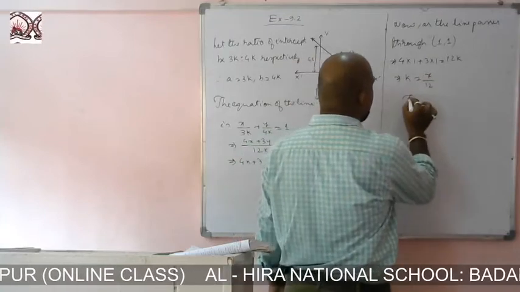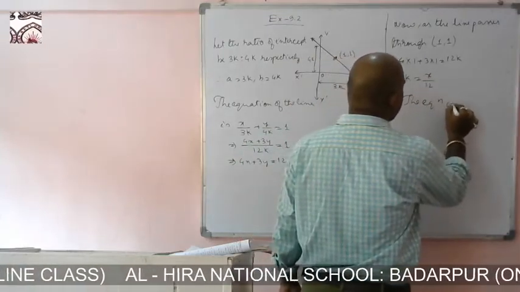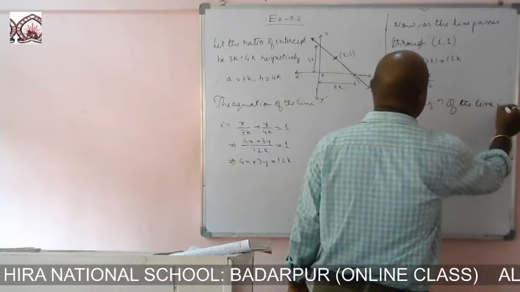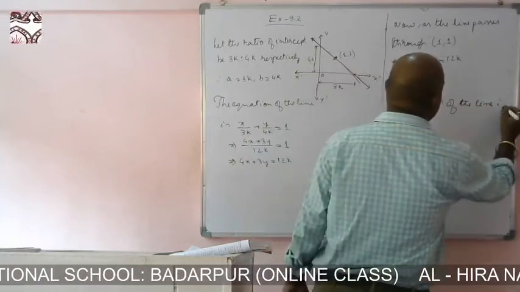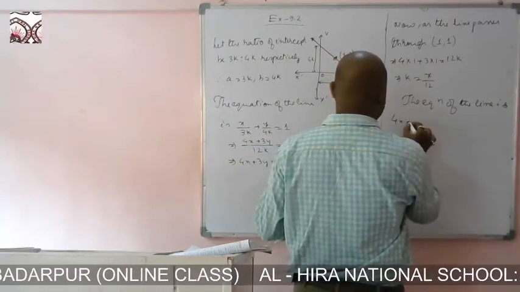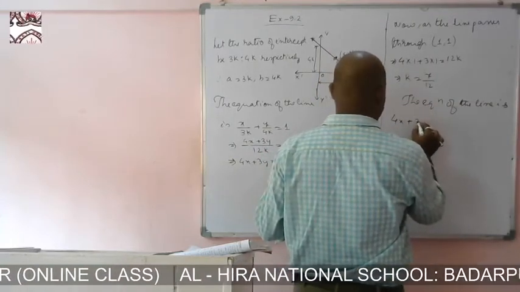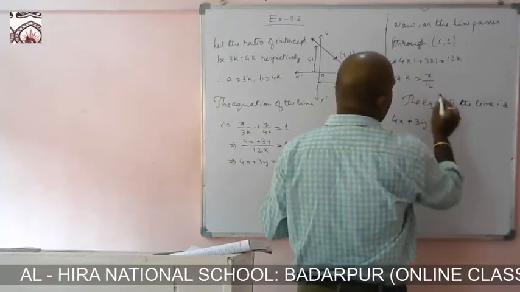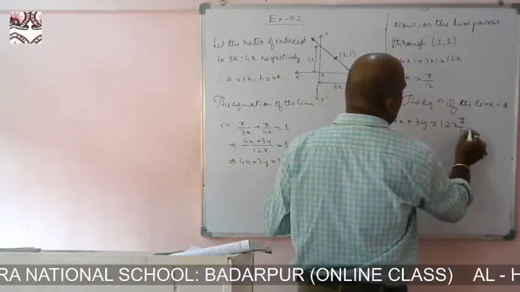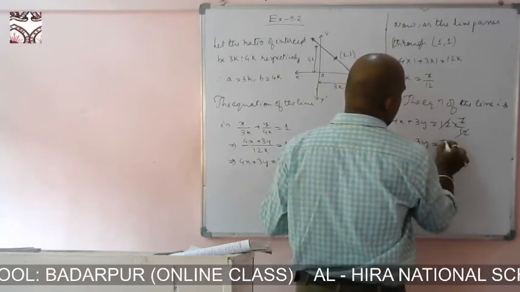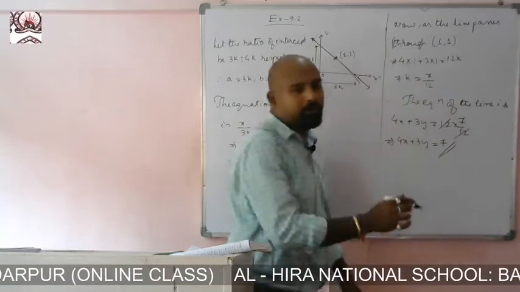Therefore the equation of the line is 4x plus 3y equal to 12 into 7 by 12. 12 cancel. 4x plus 3y equal to 7. This is the required equation of the line.